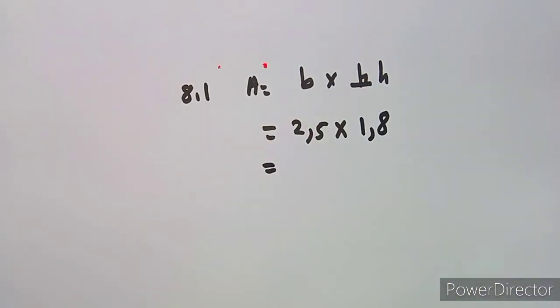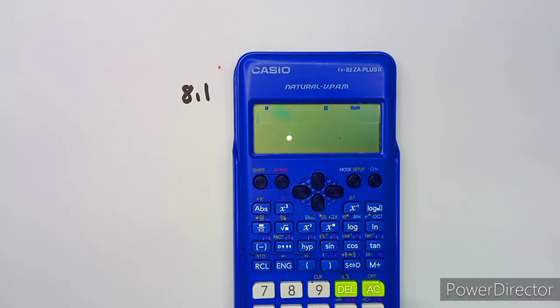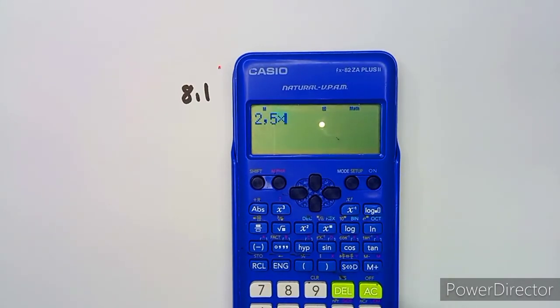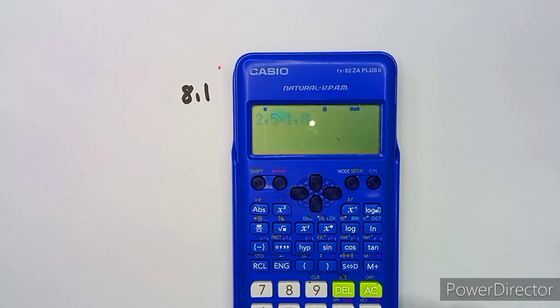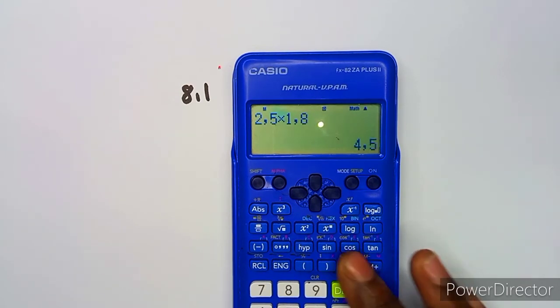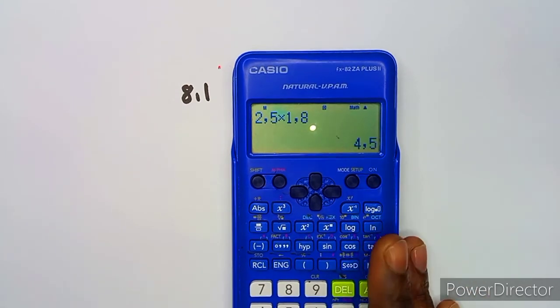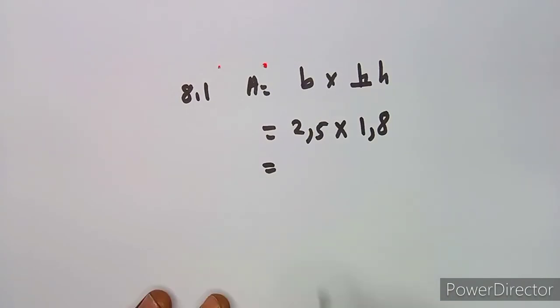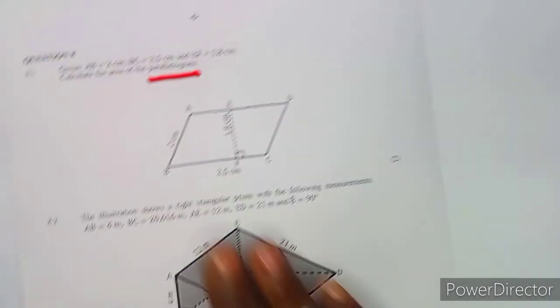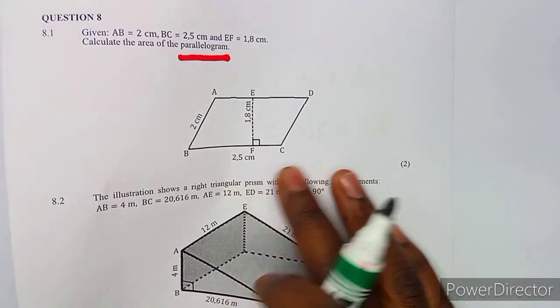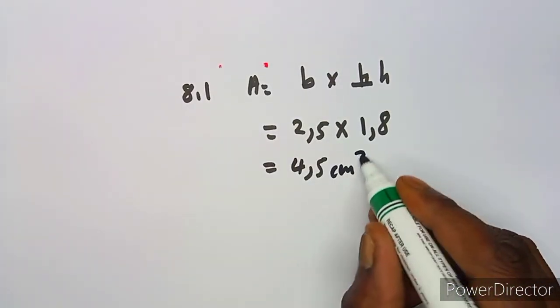So this is what you're going to have: 2,5 times 1,8, guys, and this is going to give us a decimal. Just use this to change to a decimal, which is going to give us 4,5. And what are the units here? We are working with centimeters, so this is going to be square centimeters. All right, so that's our area.